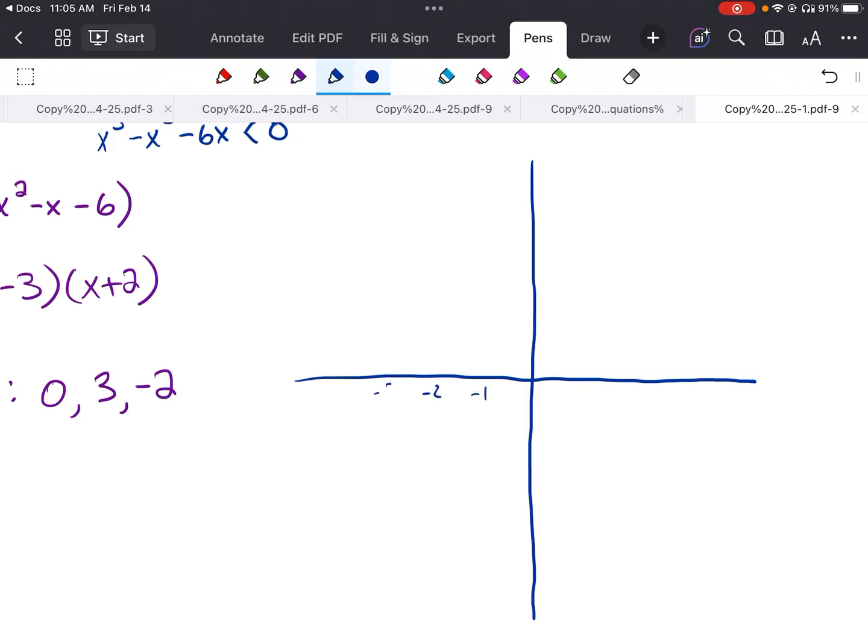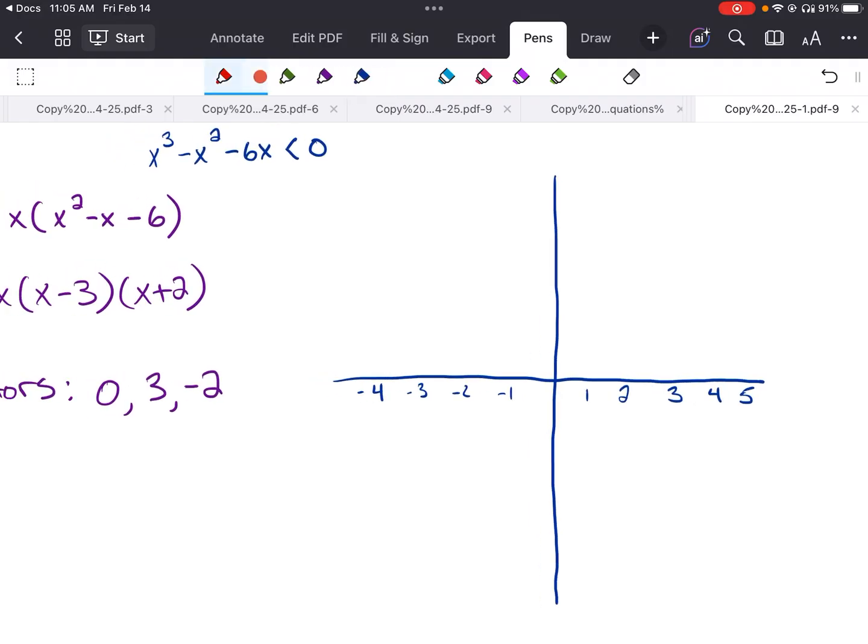All right, let's create a graph. We know it has to go as far left as -2, as far right as +3. And we don't really need to put y numbers in because we have our y-intercept at 0.